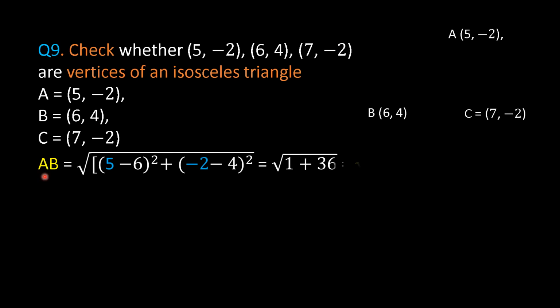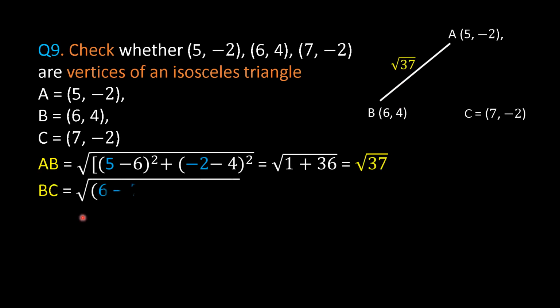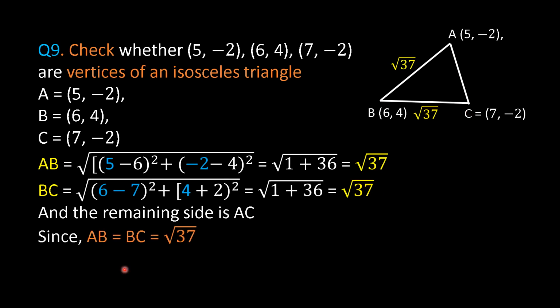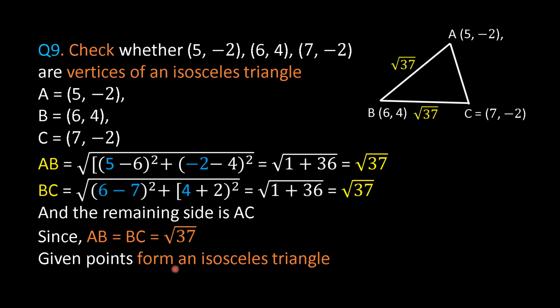By distance formula, AB is root 37, BC is root 37 again, and the remaining side is AC. Since AB equals BC equals root 37, we conclude that the given points form an isosceles triangle.